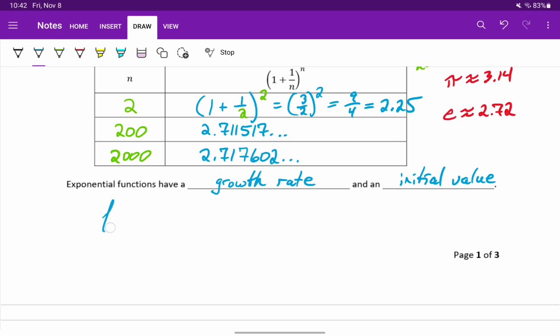If we again consider an exponential function, f of x equals b to the x, but we add in a couple of additional constants, a, which is being multiplied by that exponential expression, and a value c, which is being multiplied by the exponent that b is being raised to, then what we've introduced is the initial value a, and the growth rate c.